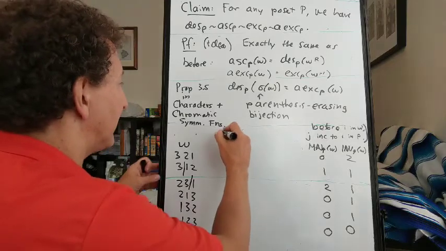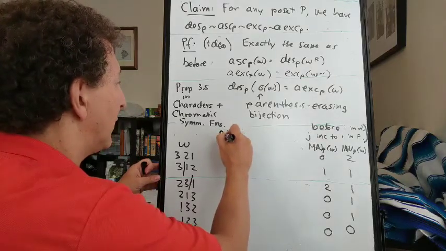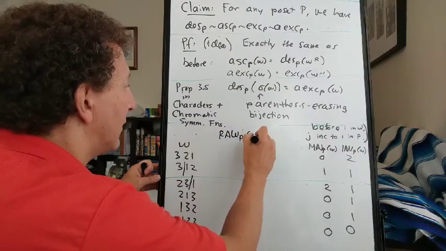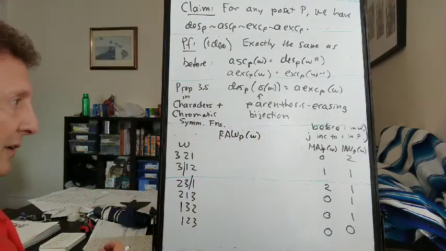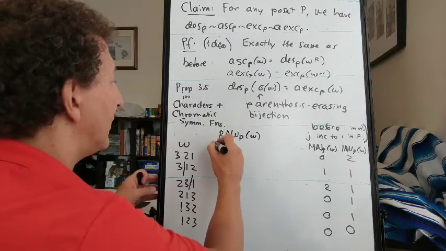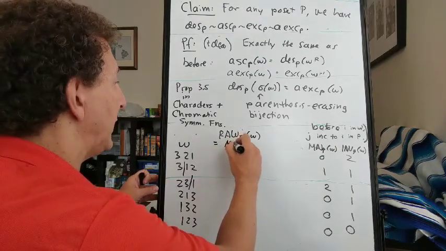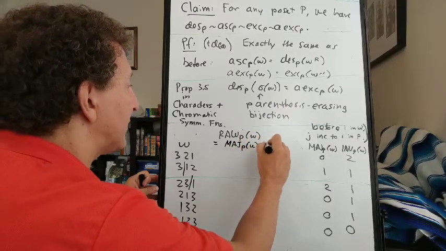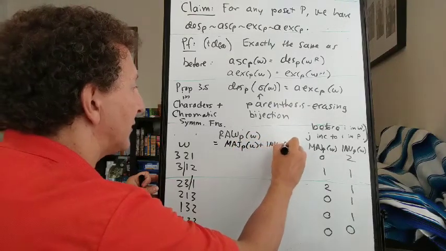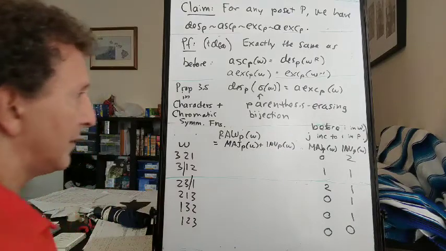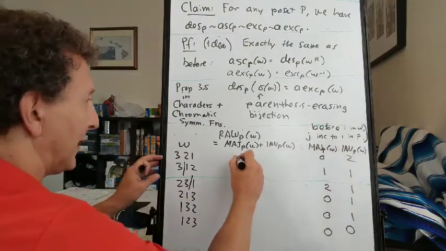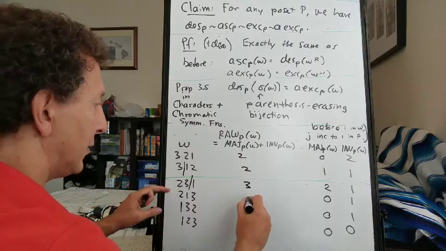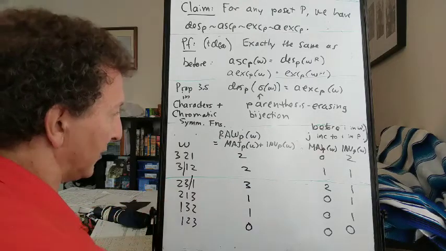I'm going to call this statistic the P Rawlings statistic. So this is P major index plus P inversions. So if we add these together, we get 2, 2, 3, 1, 1, 0.